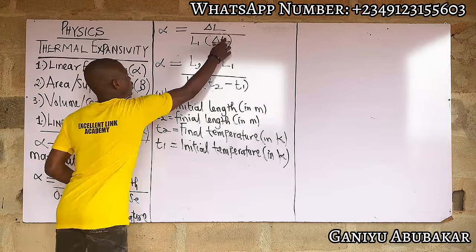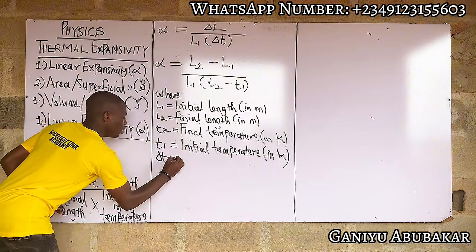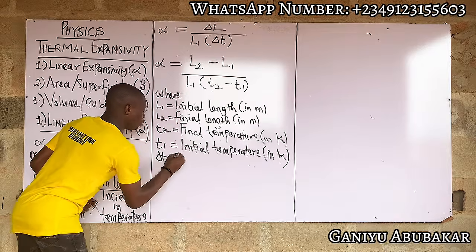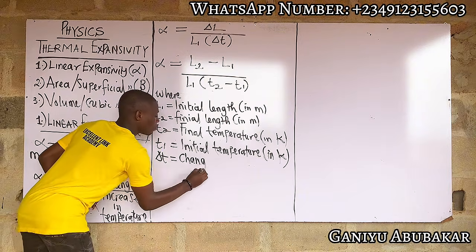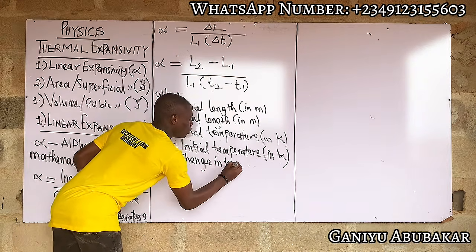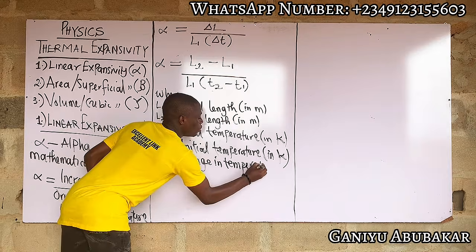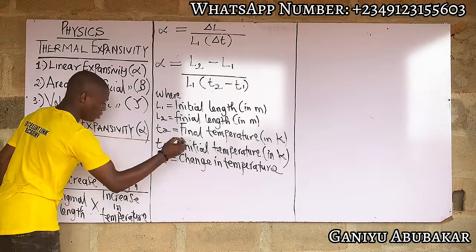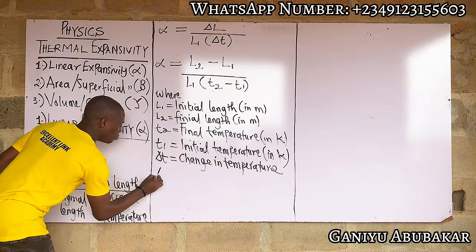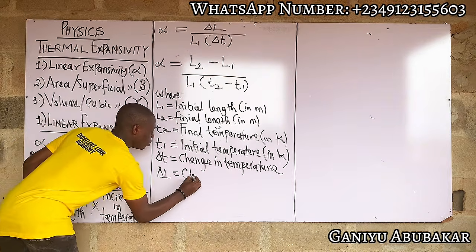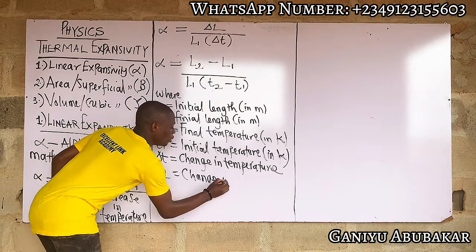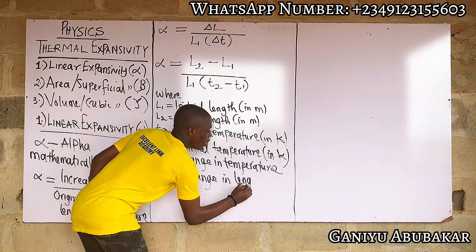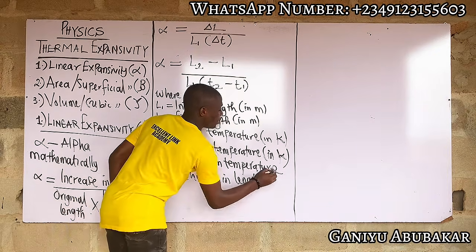So change in T is simply the change in temperature, in Kelvin, right? Also, change in L is simply change in length, of course, in meters.